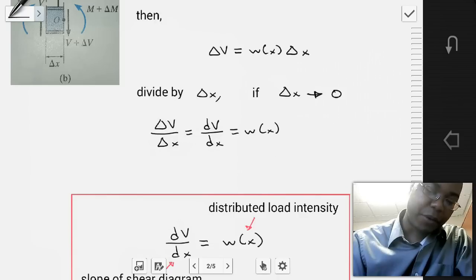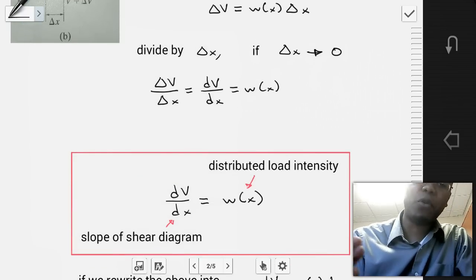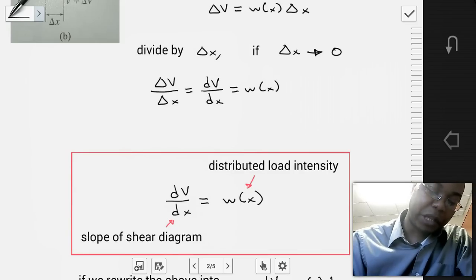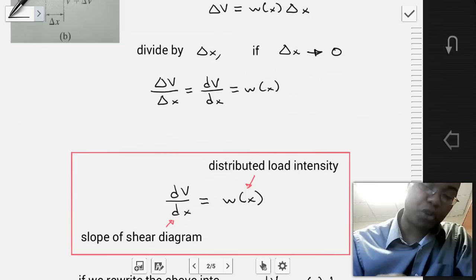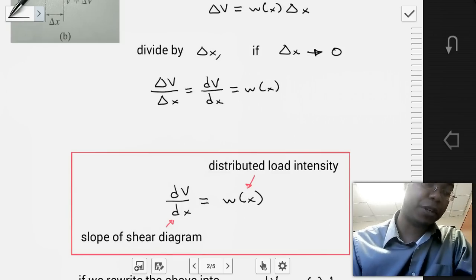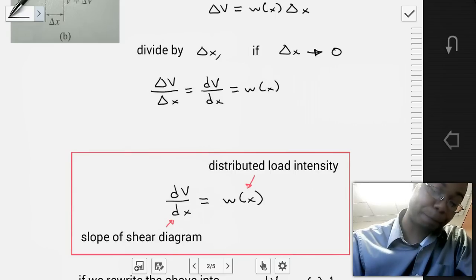From this, we've developed a differential equation which describes the relationship between the shear force and the distributed load, where the left-hand side is equal to the slope of the shear diagram, and the right-hand side is equal to the intensity of the distributed load at the position of interest x.